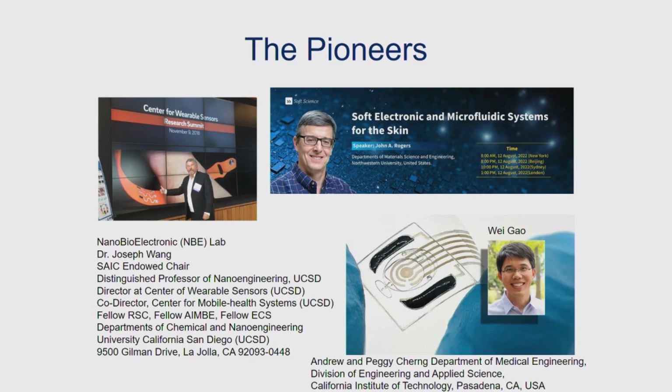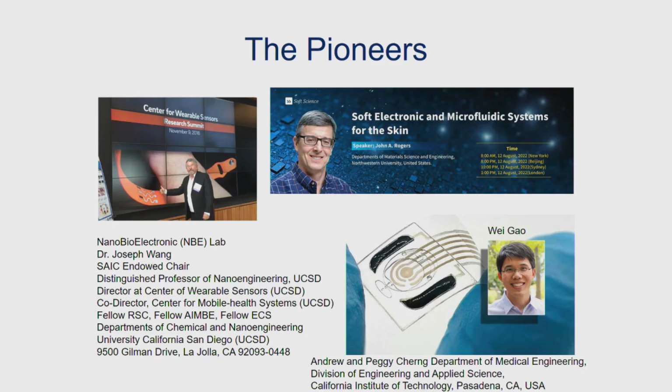The main big player in this area is Professor Joe Wang. The book that I recommended in the last lecture on analytical electrochemical methods was by Joe Wang. He's the head of the Center for Wearable Sensors. He's a distinguished professor of nanoengineering in the University of California in San Diego.